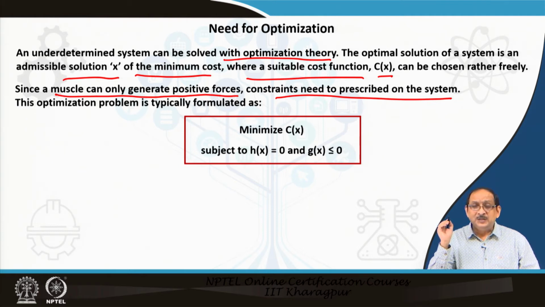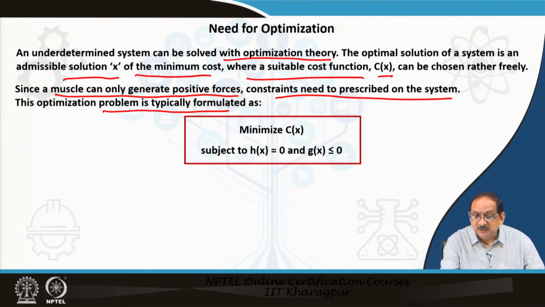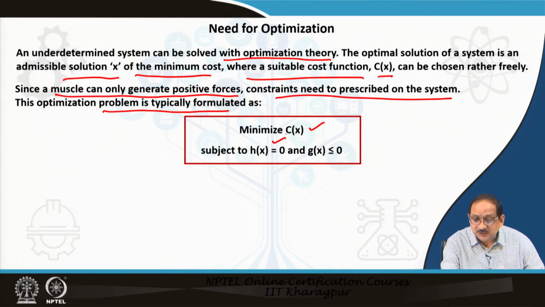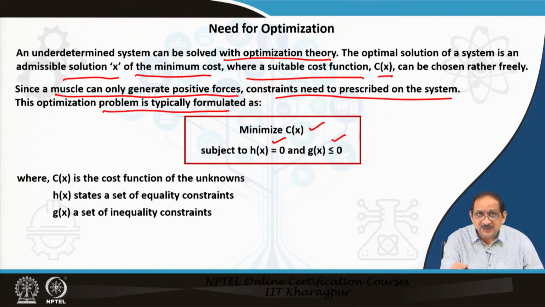So, this optimization problem is typically formulated as minimizing C(x) subject to H(x) = 0 and G(x) ≤ 0, where C(x) is the cost function of the unknowns, H(x) states a set of equality constraints and G(x) is a set of inequality constraints.